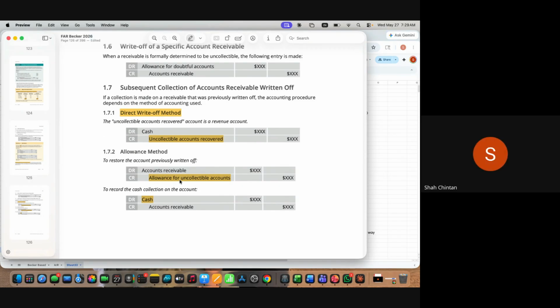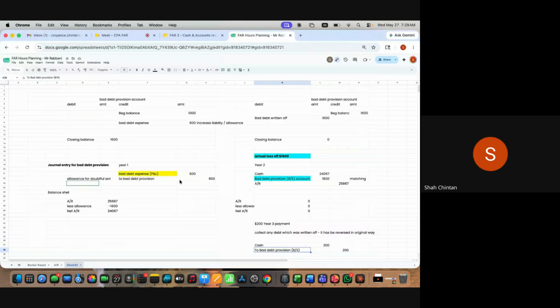व्हेन कैश इज रिकवर्ड सब्सिक्वेंटली, जब आपने बैड डेट ऑलरेडी बुक कर दिया था, उसके बाद कस्टमर आपको पैसा देता है. सो यू हैव टू रिवर्स द एंट्री द सेम वे जो आपने बैड डेट राइट ऑफ किया था. जब आपने बैड डेट राइट ऑफ किया था ईयर 2 में, यू यूज्ड अ बैड डेट प्रोविजन अकाउंट. सो व्हेन यू कलेक्ट द मनी सब्सिक्वेंटली, then also a bad debt provision account is only used.